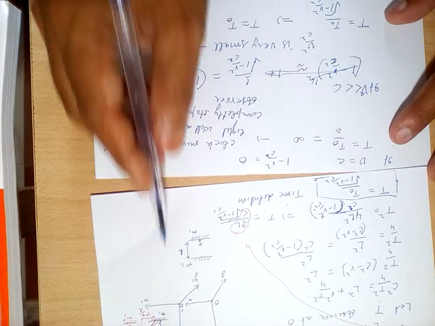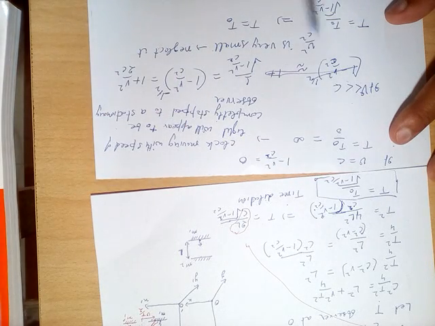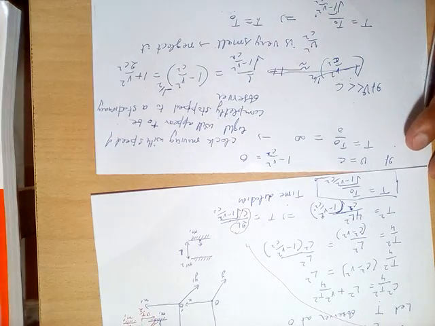So if the clock is moving with a very small velocity as compared to the velocity of light, the time interval T naught will remain the same for both observers. So this is the concept of time dilation.